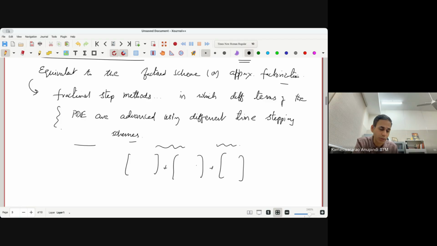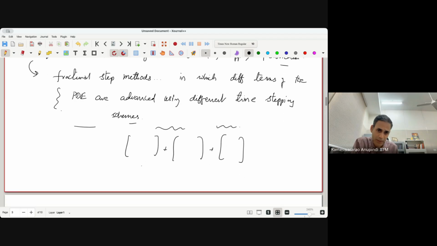Now, why do you want to do this? Let us say you have terms 1 and 2, and I have 3. Let us say terms 1 and 2 do not impose a very large time step restriction, whereas term 3 imposes a very large time step restriction if we had used an explicit method.